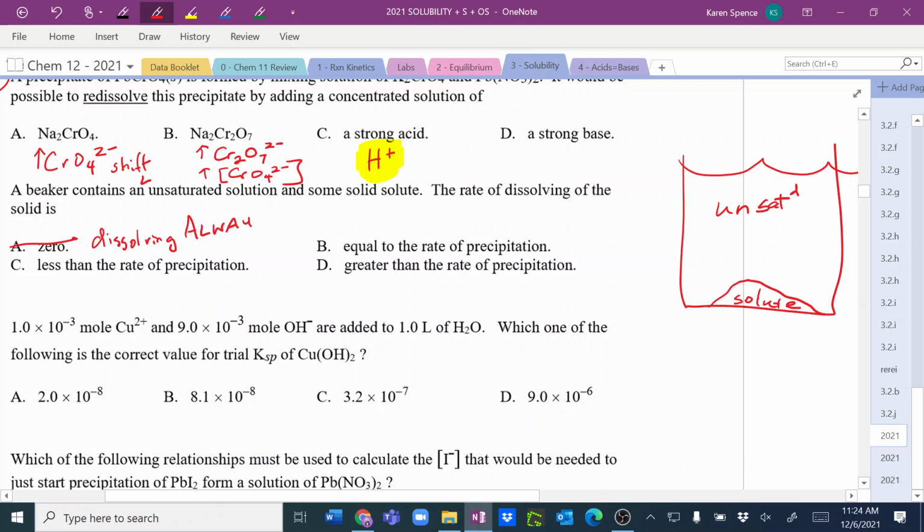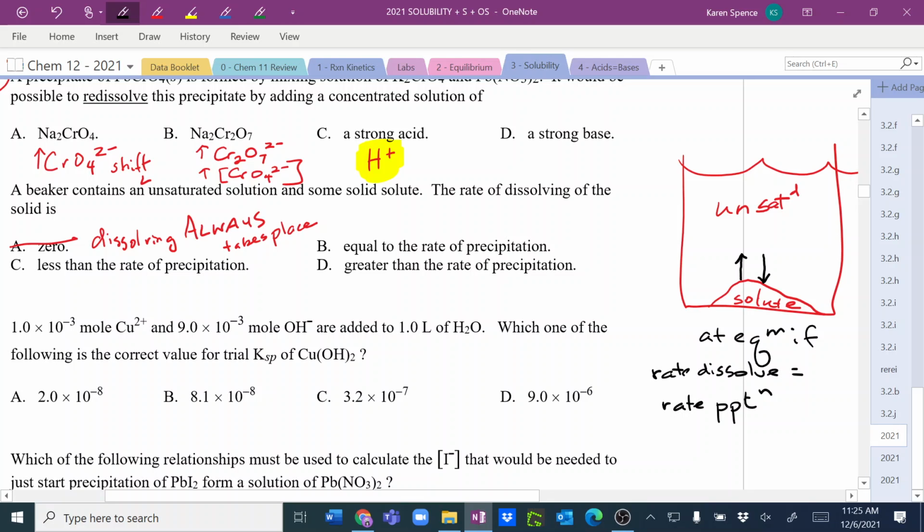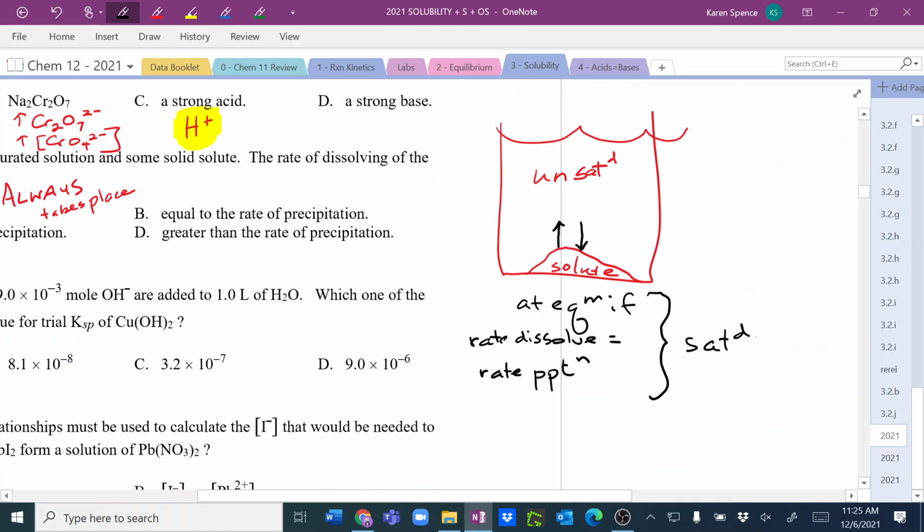The system would be at equilibrium if the rate of dissolving equals the rate of precipitation. And if we are at equilibrium, what kind of a solution would we have? That would be a saturated solution. Oh, we are unsaturated. So it's not that either.